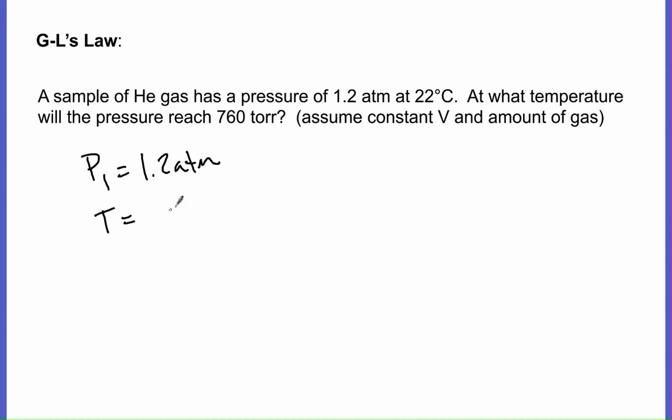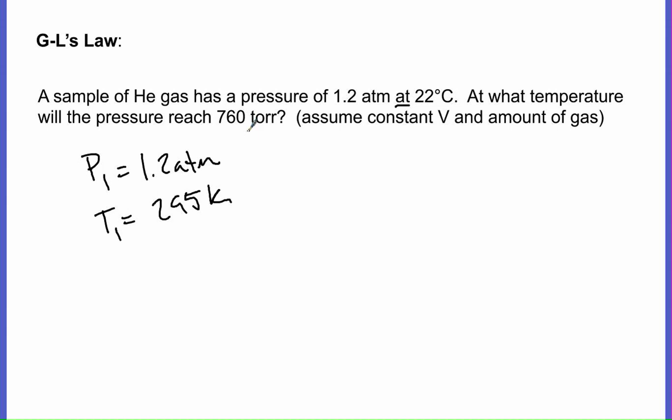My initial temperature is 22. 273 onto that is 295 Kelvin, I believe. Now, just to know what numbers go together, just look for keywords. When I say at, that means those two numbers definitely go together. They're both ones, right? Whereas at what temperature will the pressure reach 760?